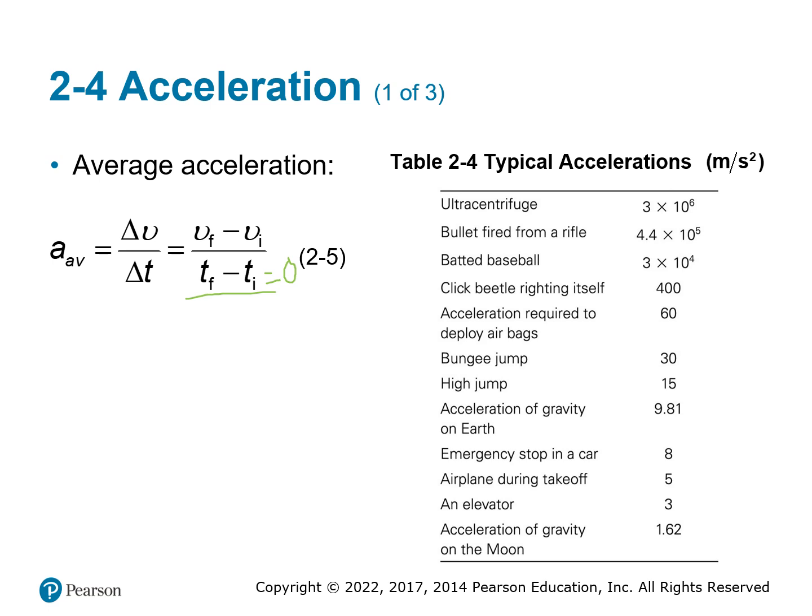If you hit a baseball with a bat, the acceleration of that baseball is about 3 times 10 to the 4th meters per second squared. The acceleration of gravity on Earth, which is going to be very useful to know, is 9.81 meters per second squared. This is going to be used in free fall and your kinematic formulas for free falling objects.